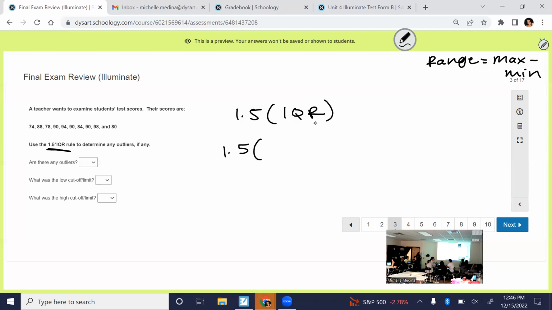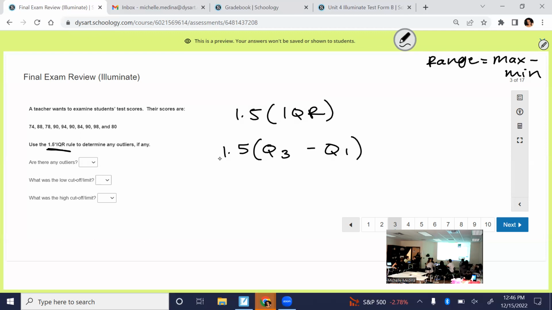Interquartile range is also a subtraction problem, but you're subtracting your, yes, so make sure it's Q3 minus Q1. So it should always be a positive number for your IQR. So you would need to figure out what your Q3 and Q1 are.